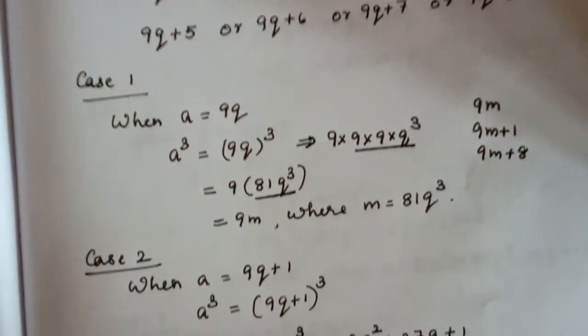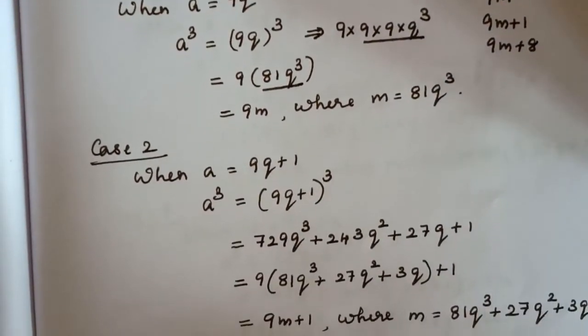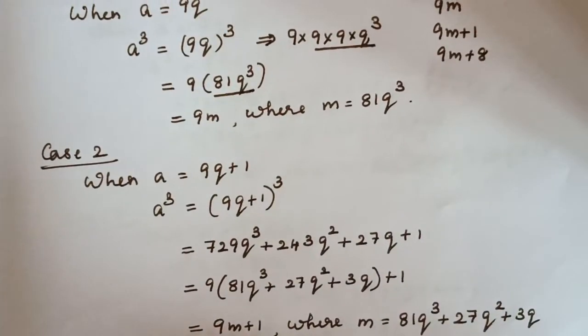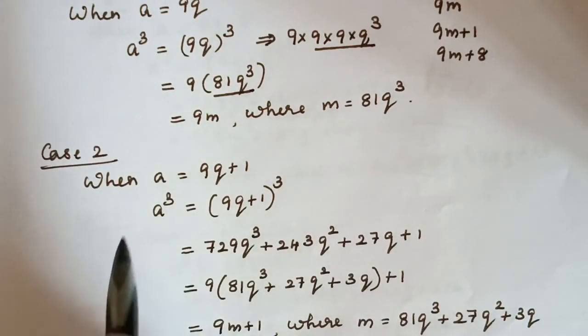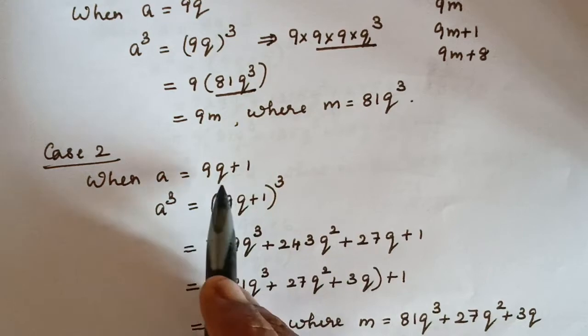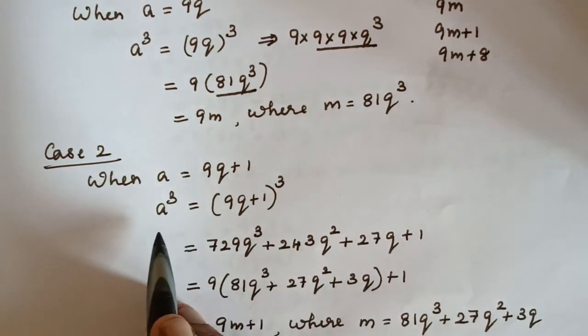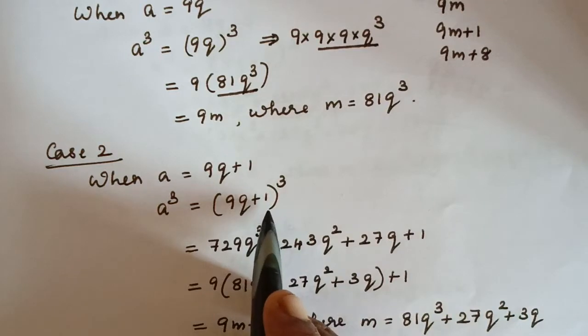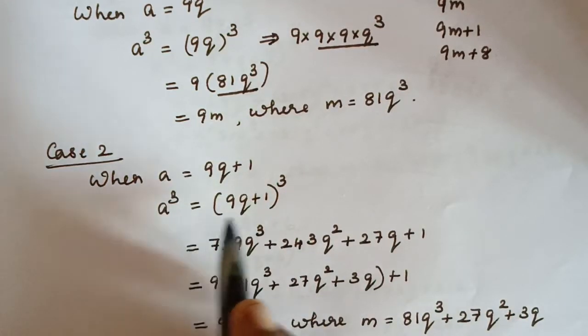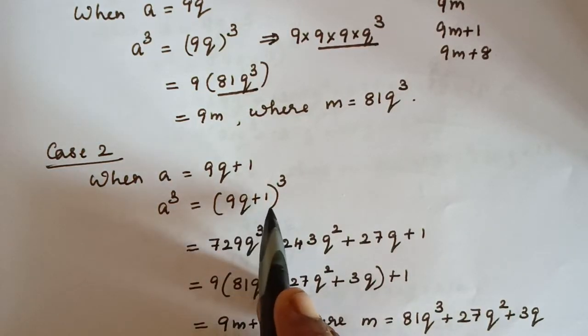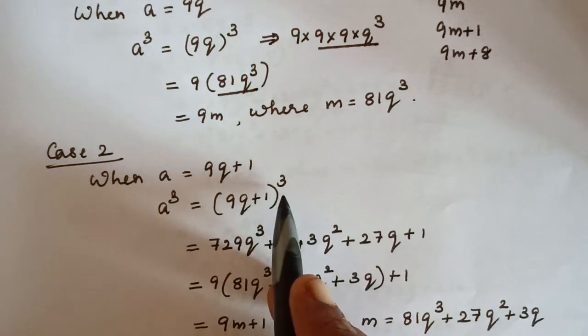Now we will see case 2. In case 2, we will take when a is equal to 9q plus 1. Again we have to cube it. When you cube, a cube is 9q plus 1 the whole cube.